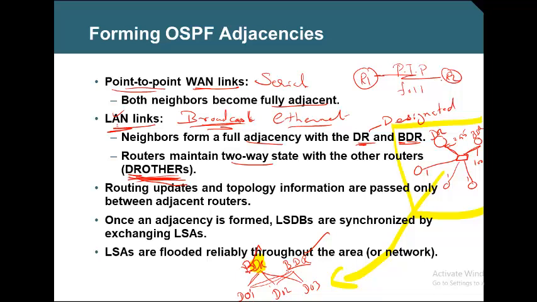When no one objects, then it will say, I will be a DR because no one has got 255 priority. This guy says I am having 100 priority, others are having priority 1. This is how it goes from one state to another. And the second router has become BDR and all the rest have gone to DR other state.